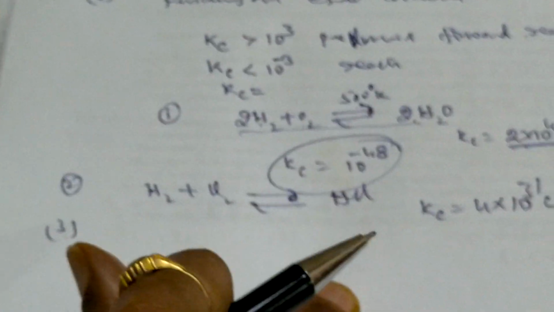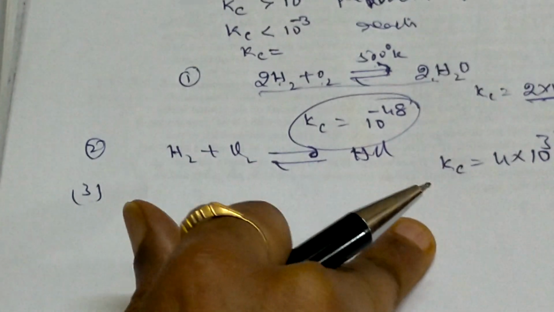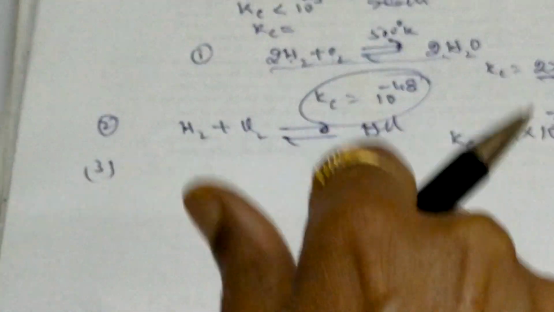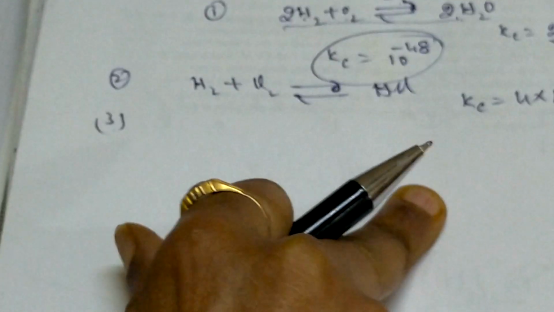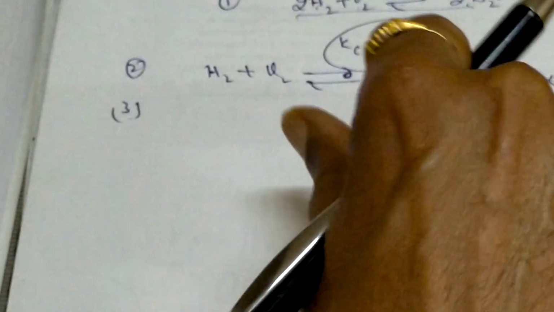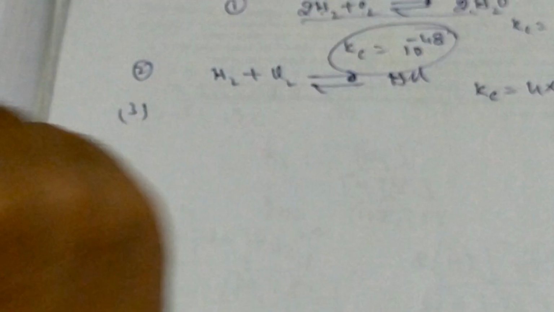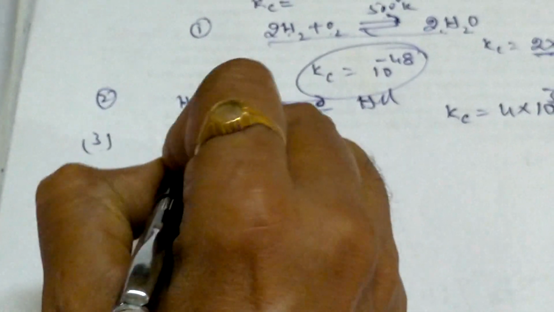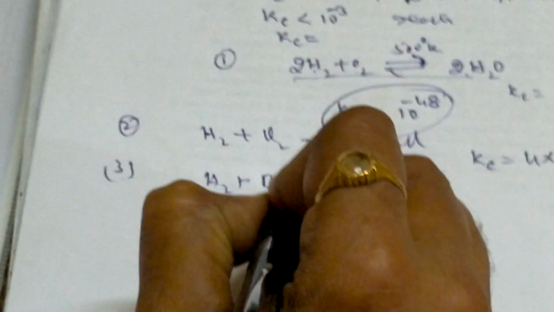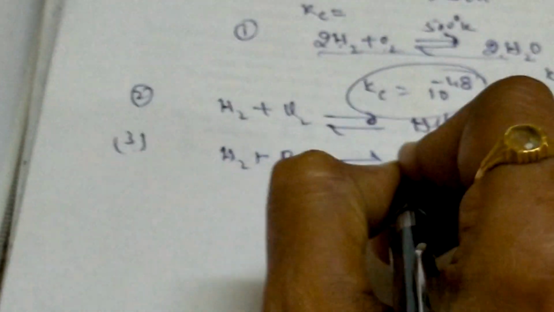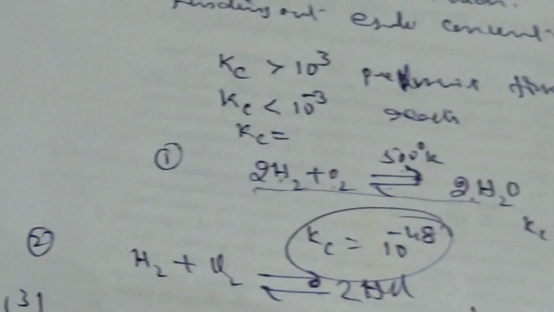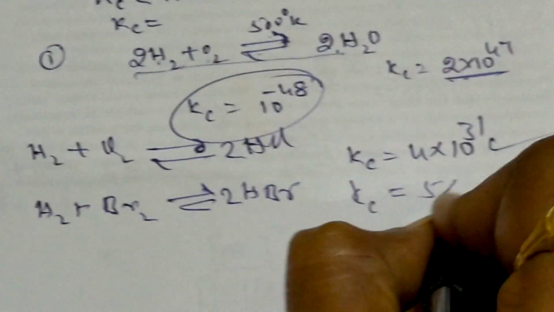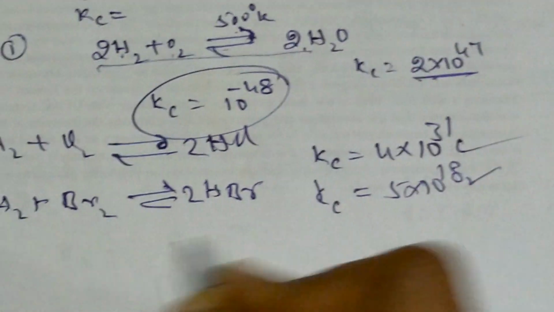By seeing this value first, whether I have to establish a factory or chemical industry, the economic viability and so many things we will come to know. Similarly, hydrogen plus bromine gas gives hydrogen bromide, Kc somewhere 5 into 10 power 18. That means it is also favorable.